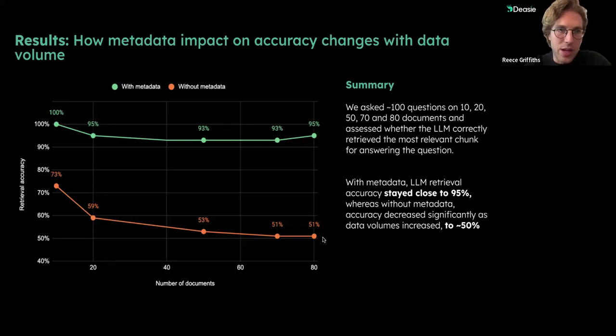As document sets are very small, metadata has less of an impact. This is often what we see with data science teams, in that POC RAG workflows often start out with a very small number of documents, hence the role of metadata doesn't seem as relevant. But as volumes scale, we see it being very critical for both improving and maintaining accuracy.